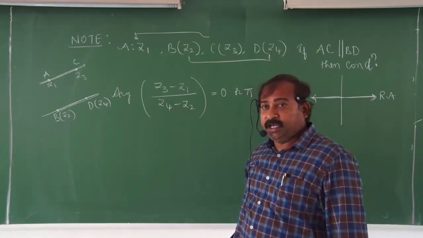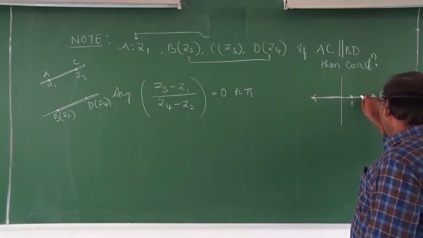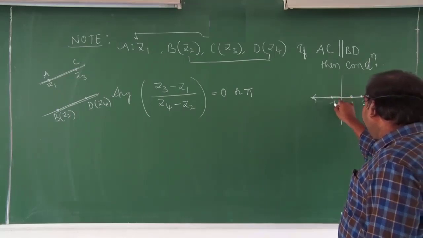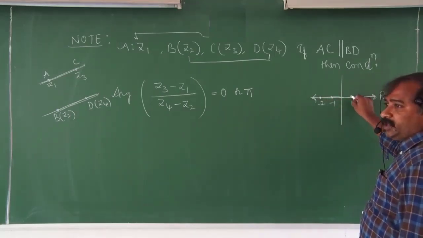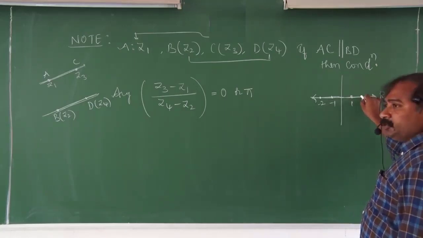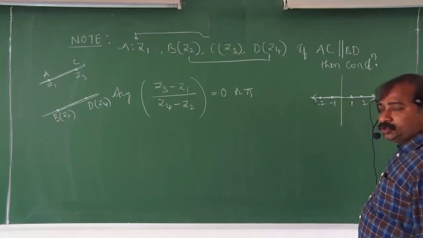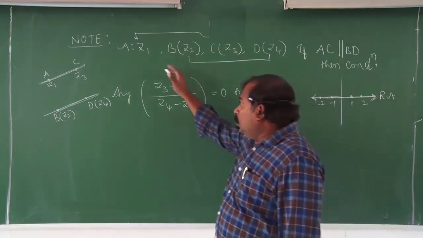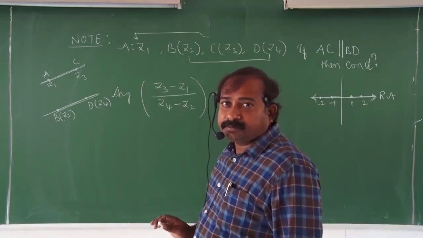Once again, if you take any point here, 1 you can take, or 2, minus 1, minus 2. What is the argument of 1? 0. Argument of 2? 0. Argument of minus 1? Pi. Argument of minus 2? Pi. So this whole complex number you can consider as one complex number.